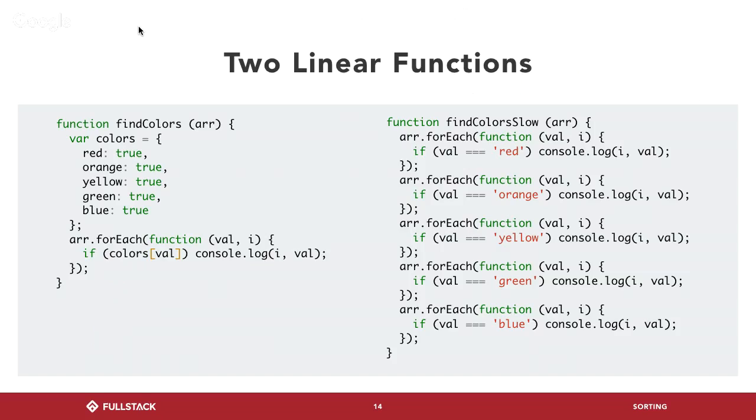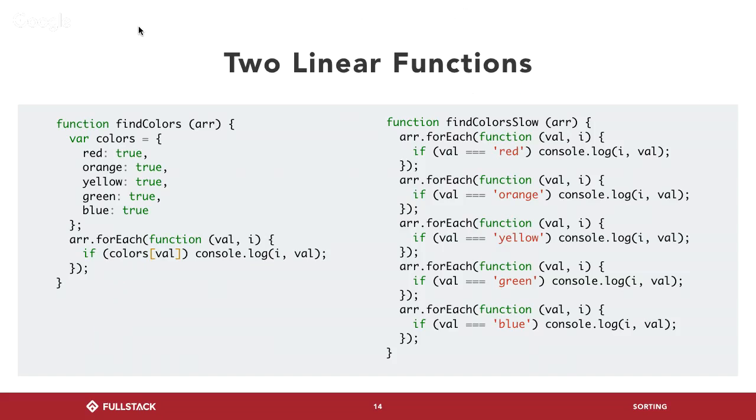You can see on the left we'd be running this loop once. As opposed to the right, and this is a bit of a contrived example, for each of these colors we're actually looping over 5 times. So we're looping a lot more on the right than on the left.